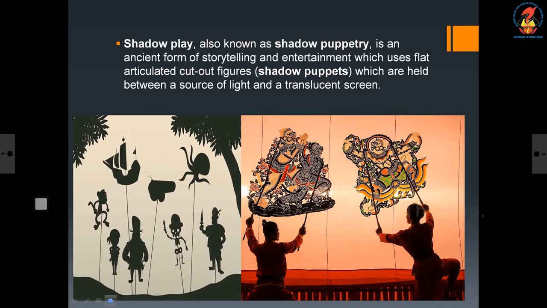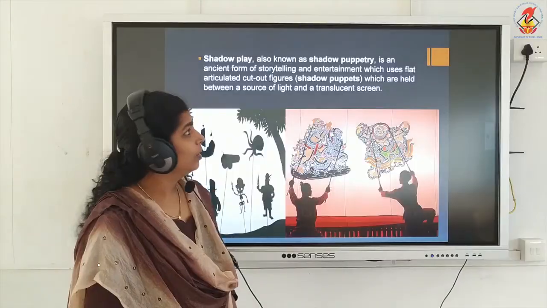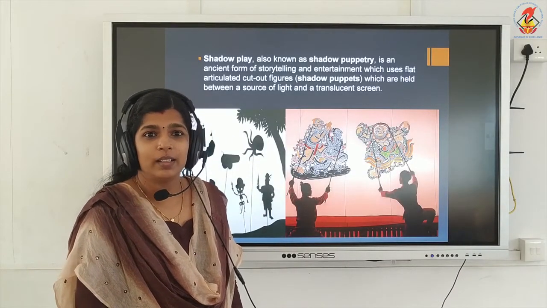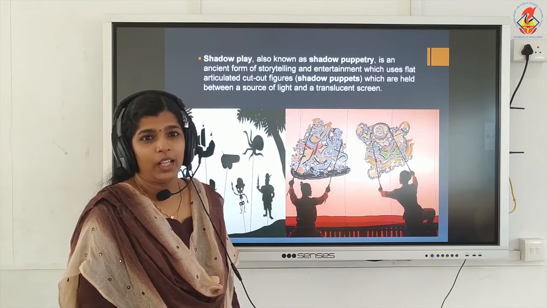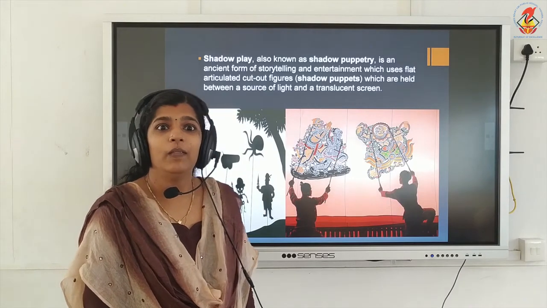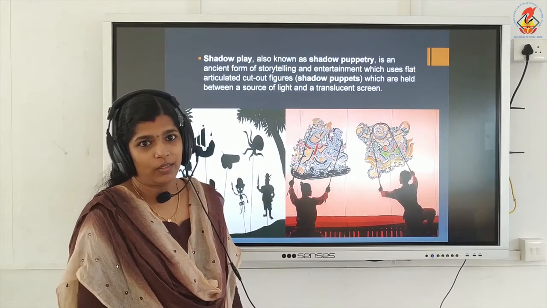You have seen shadow puppetry. Shadow puppetry, you know, is actually a play. With the help of shadows, they convey the message.